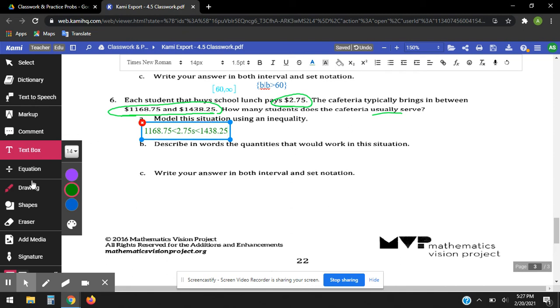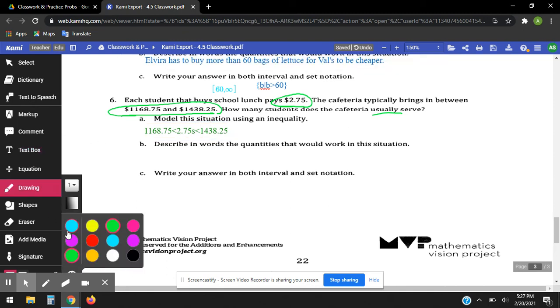Well, notice that I need to divide out that 2.75. So what I do here, divide by 2.75, I have to do on every side. So I'm actually going to divide it twice on here.